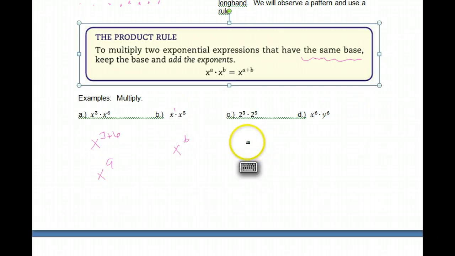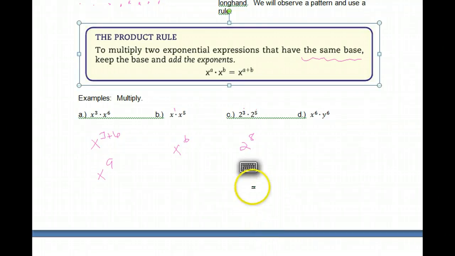Letter C, we have 2 cubed and 2 to the fifth, so we're going to keep the base the same and add the exponents, so 3 plus 5 makes 8, 2 to the 8th power. Whenever your problem is numerical, you should evaluate that.